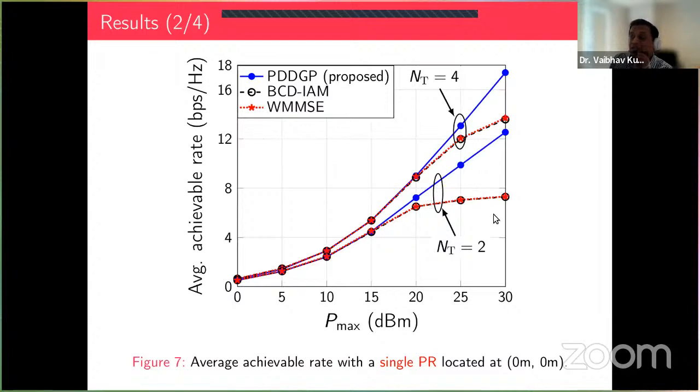This is the region where the coupling between the optimization variables X and theta is very strong. This flattening will happen even for the blue curve, maybe when we have an even larger value of Pmax.